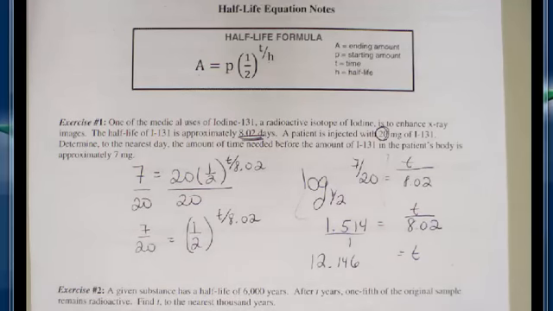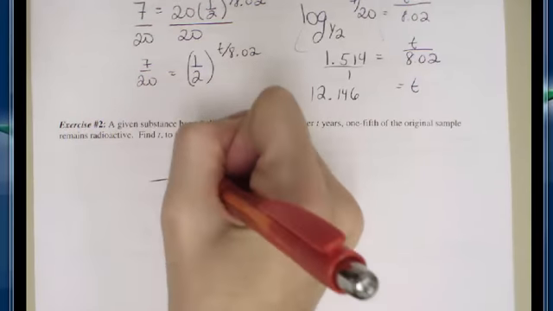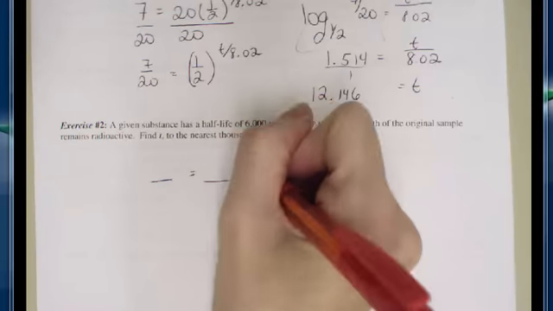Now, I want to just point out one fun fact about the next one. It says it has a half-life of 6,000 years. It says that 1/5 of the original amount of the sample remains. And they want to know how long that took. So I want to just show you some amount started, some amount ended.